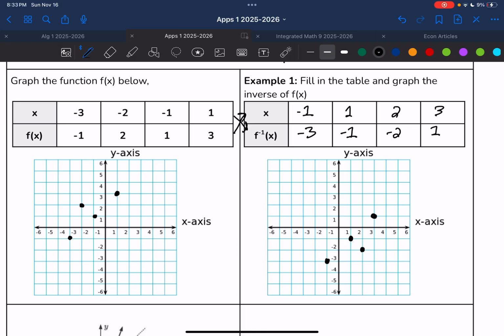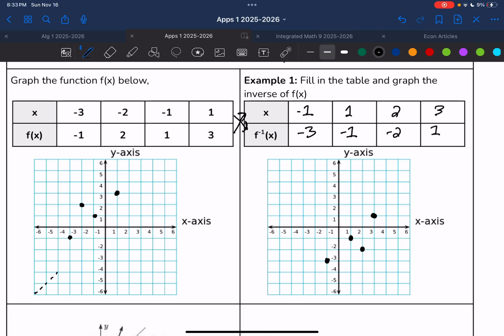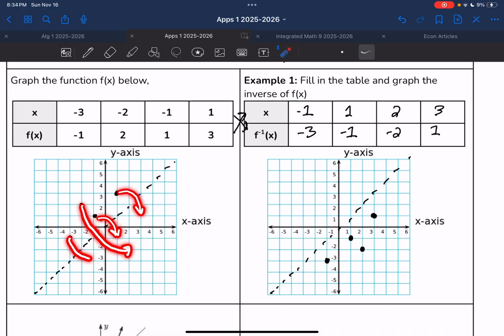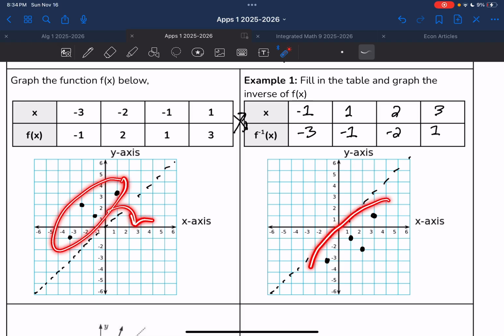So what happens is if you want to go from your original function to your inverse function, you're going to take all of the points and you're going to reflect them across this line. And see how if we reflect this set of points across that line, we're going to end up with this set of points over here.